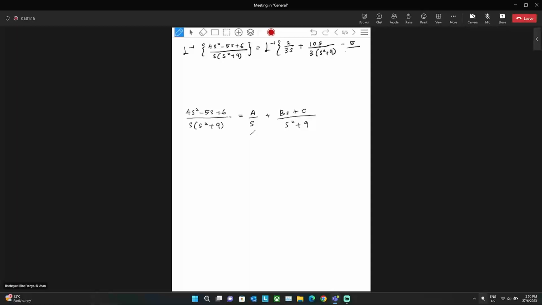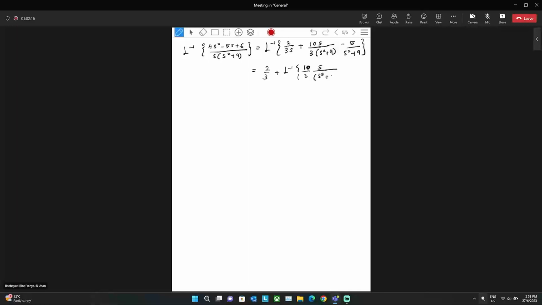So the inverse Laplace transform for the first part, 2 over 3s becomes 2 over 3, no shifting, plus 10 over 3 s over s squared plus, okay class, once again I want to tell you for this part, if you find that you have s to the power of 2, s squared, in the bracket on your denominator, so your a here must also be in the form of a squared.